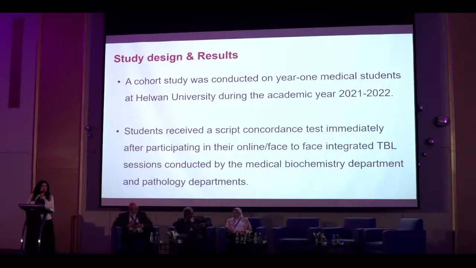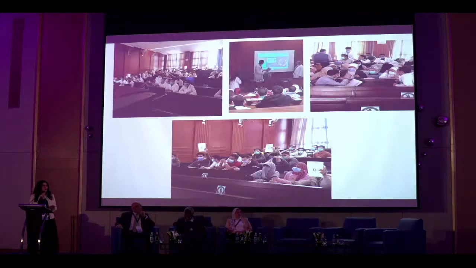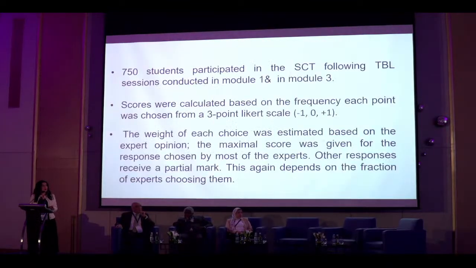So in 2021 and 2022, during this academic year, we conducted a cohort study on year 1 medical students by doing a script concordance test immediately after attending an integrated TBL session between the biochemistry and the pathology departments. 750 students participated in this test following TBL sessions in Module 1 and Module 3.